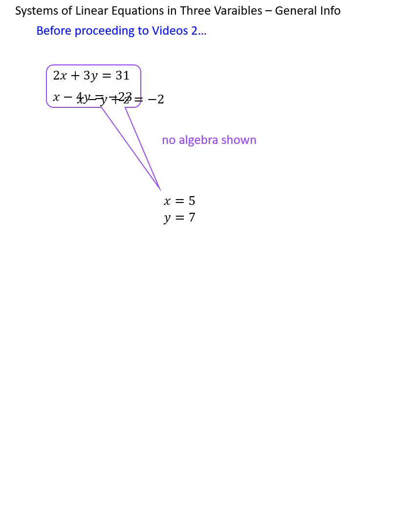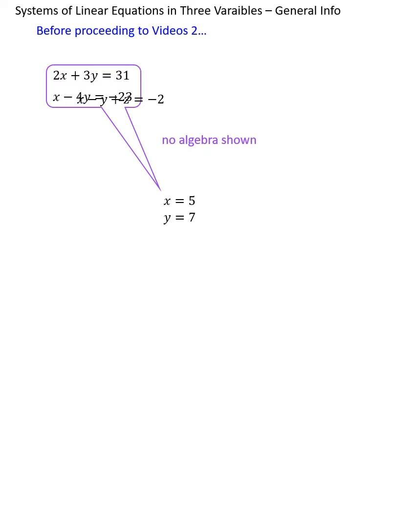So what you're going to see in video 2 is a system of equations with two variables, typically x and y, or maybe x and z, a system with two variables will appear. The answer will appear as if I waved a magic wand, because the algebra is not shown. Again, video 2 presumes that you can do these kinds of problems.